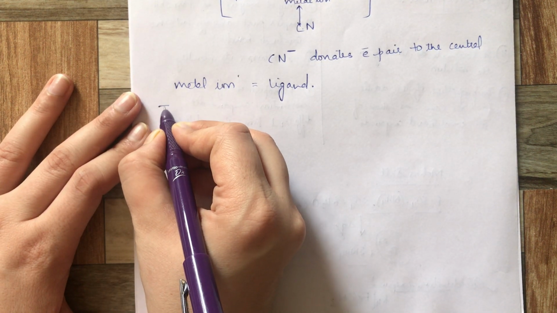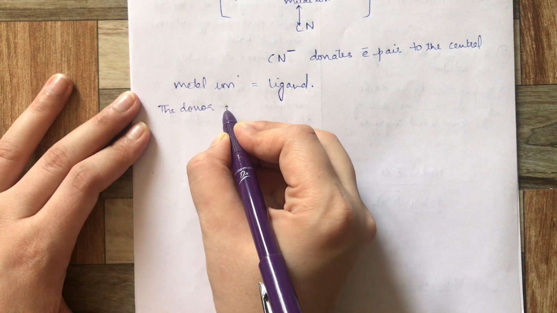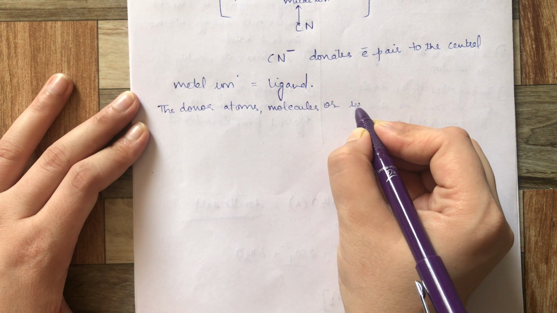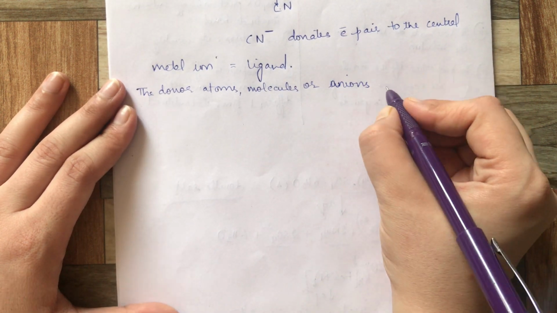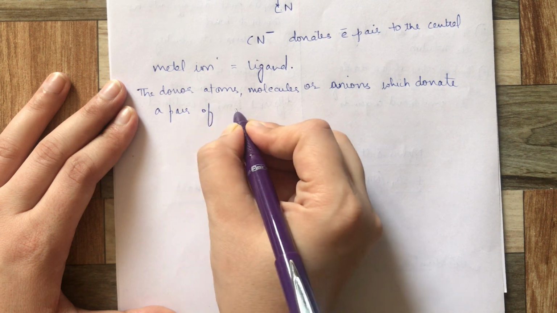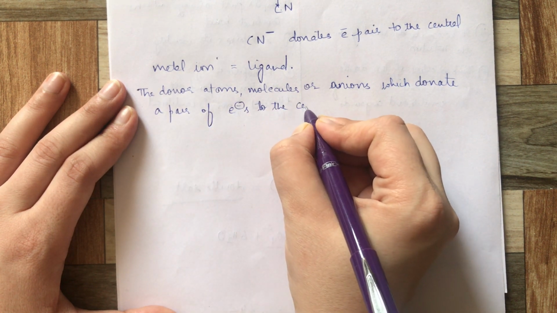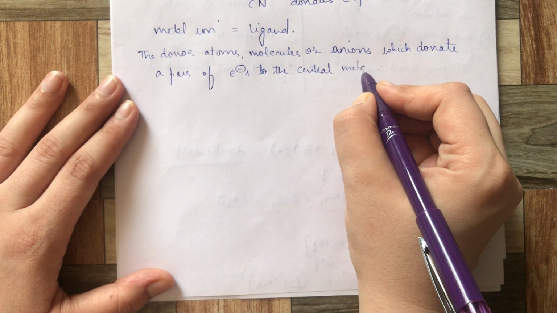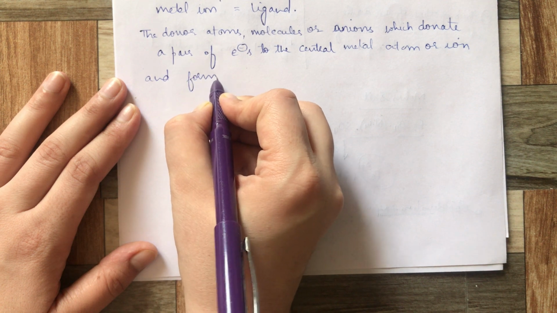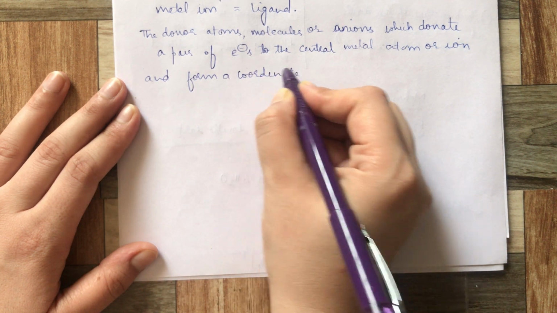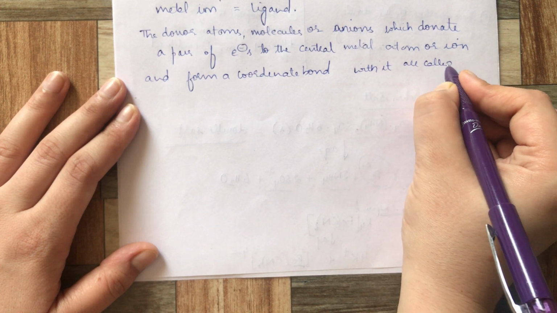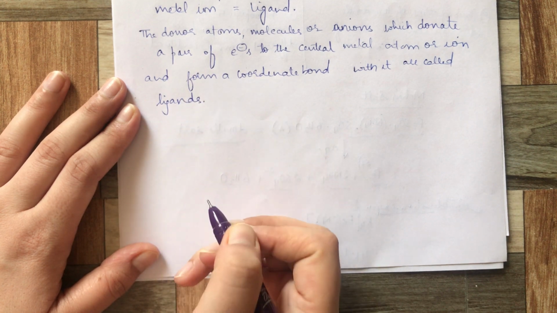So if we have to write, the donor atoms or molecules or anions which donate a pair of electrons to the central metal atom or ion and form a coordinate bond with it are called ligands.